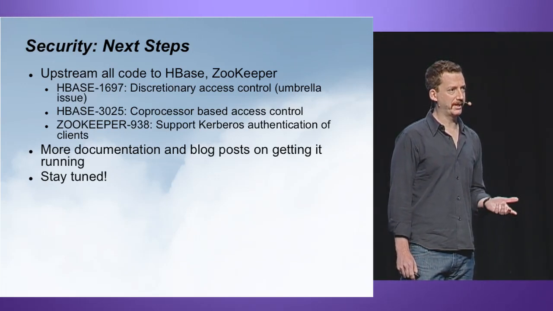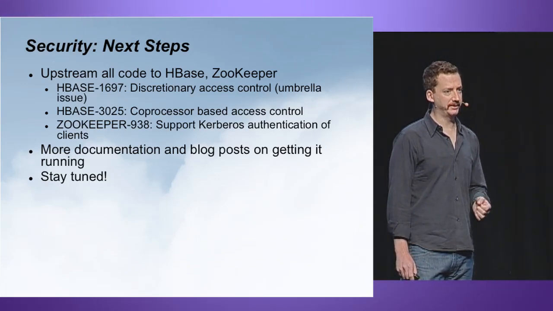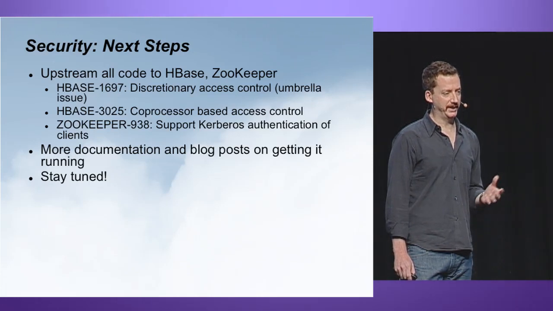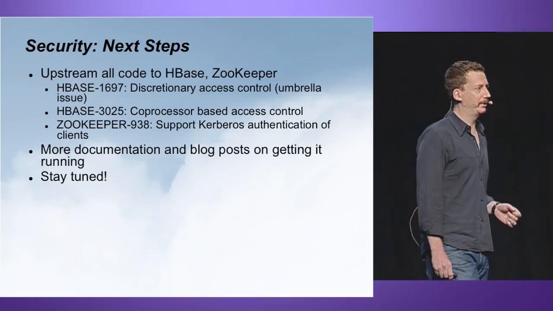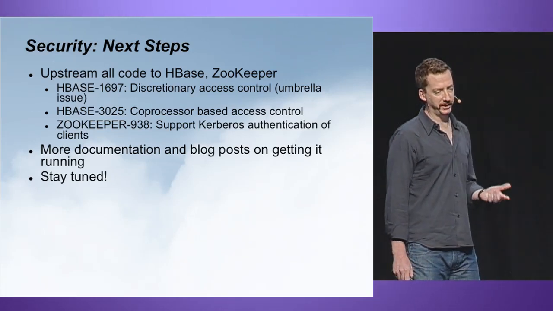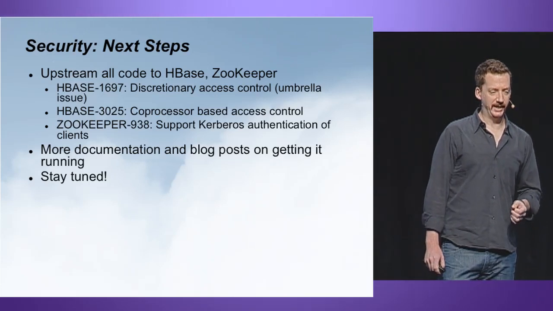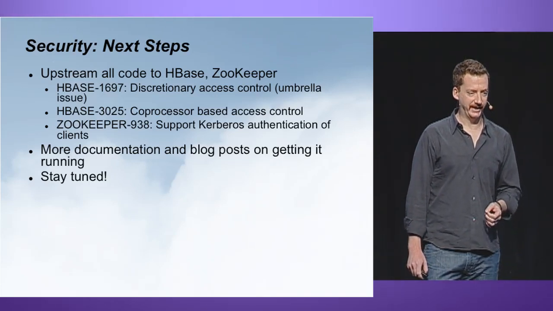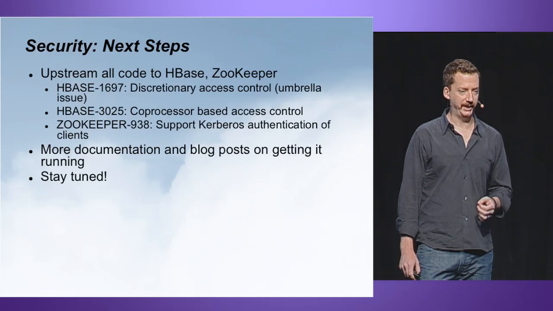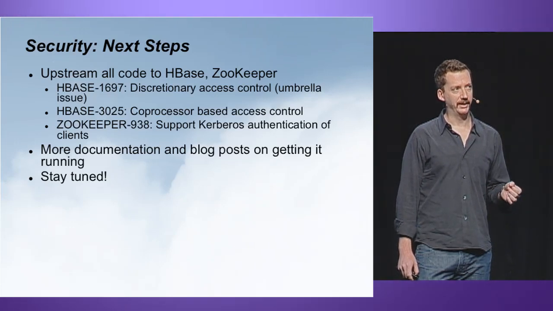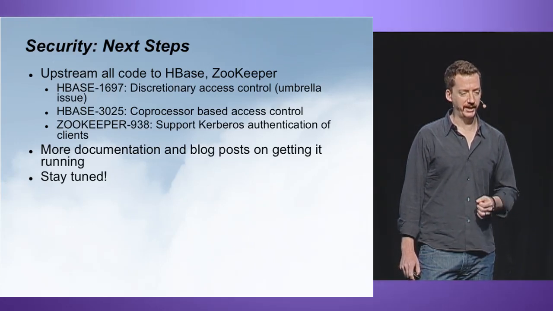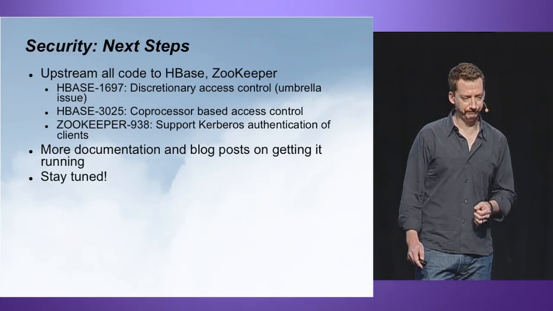All of the code that I'm talking about here is currently publicly available, but there's obviously a lot of work to do to go through the normal community review process, as well as ensuring that it can be incorporated into HBase in a way that doesn't really impact people who are not interested in running security.